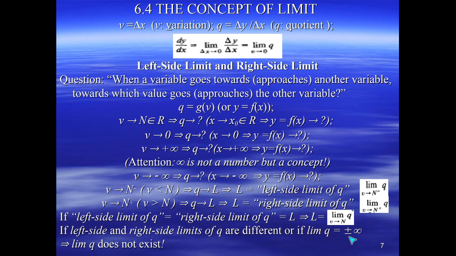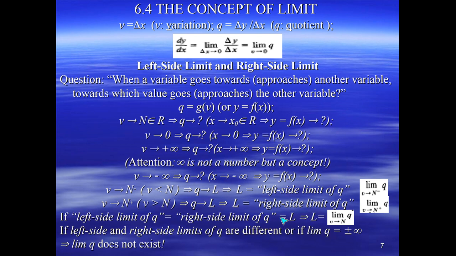But then again, if it is equal to plus or minus infinity, or if the right limit and the left limit are not equal, we say that the limit of Q does not exist.